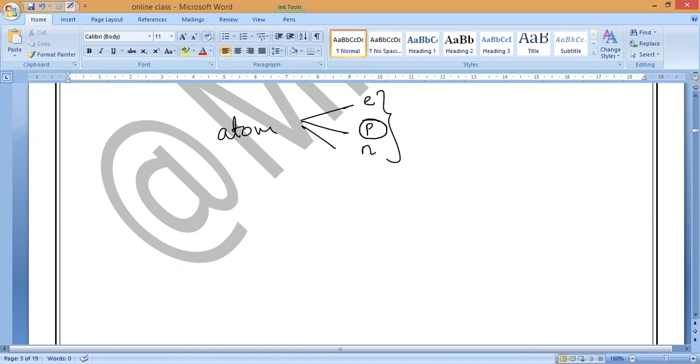Ion is different, atom is different. So the number of protons in one atom of an element is known as the atomic number of that element. Did you understand what I'm saying? We should not take element. What do we have to take here, guys? We have to take atom.